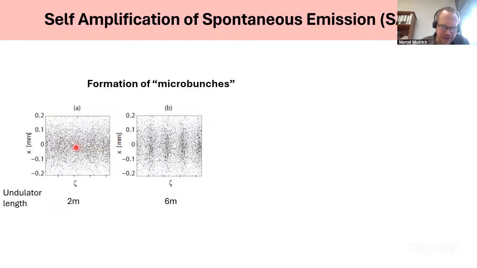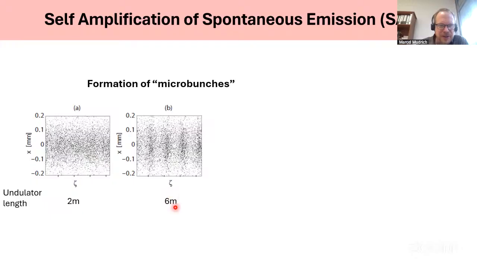Now, there's no laser pulse that we shine in from the outside, but the electrons themselves emit undulator radiation, right? And this undulator radiation, if it's intense enough, so if there are enough electrons that emit light, then eventually this undulator radiation would couple back to the electrons and produce some energy modulation, just like the femtosecond pulse induced an energy modulation.